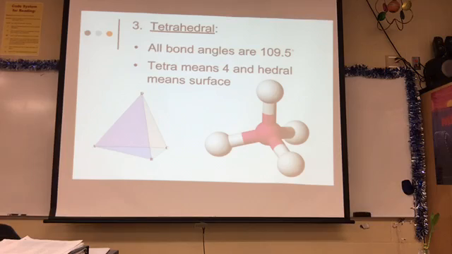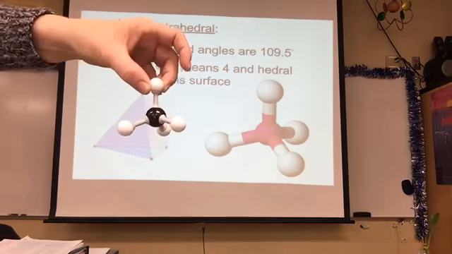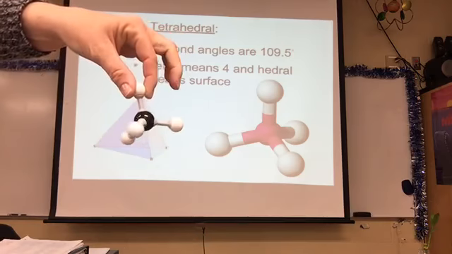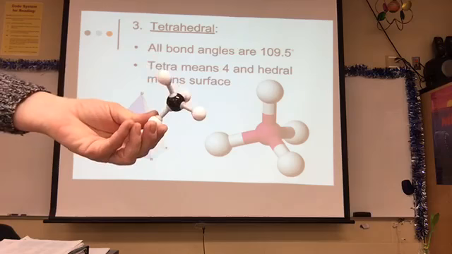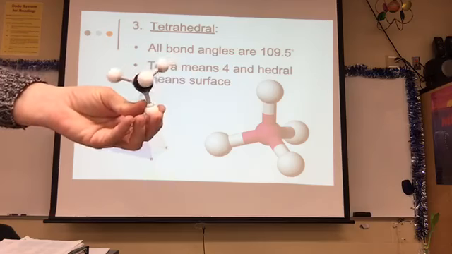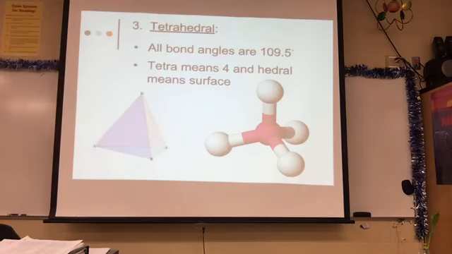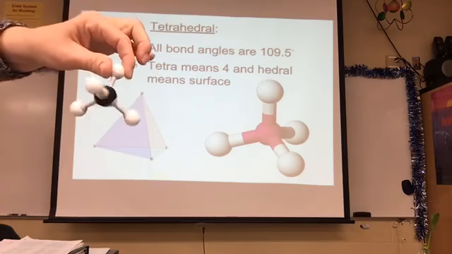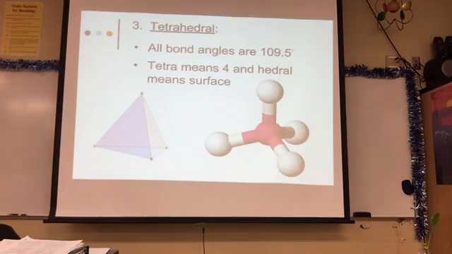So this is carbon tetrahydride. This is a tetrahedral molecule. It's got 4 little arms coming off of it. What is that called? Tetrahedral? No. Oh, carbon tetrahydride. This is the shape it takes.